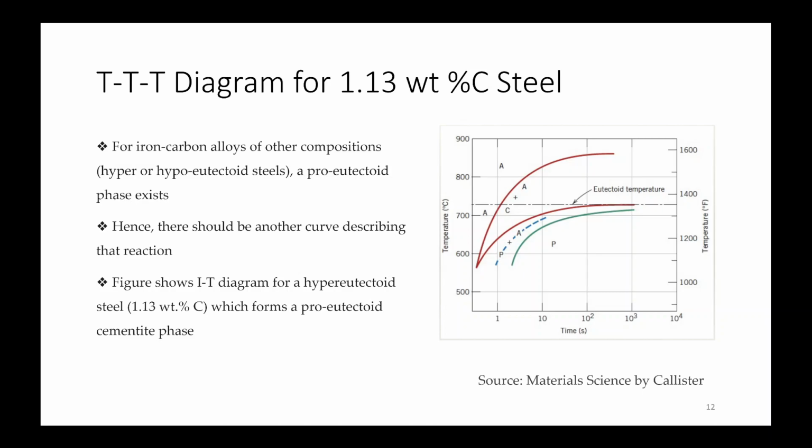Cementite is Fe3C, so it is an intermediate compound compared to graphite, which is a highly stable equilibrium phase. So that graphite formation is termed here as the decomposition.